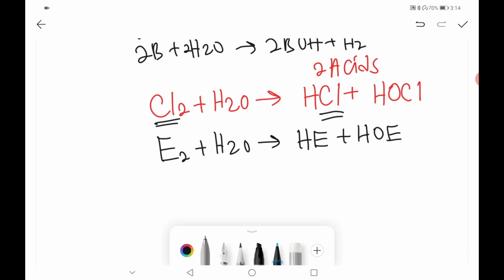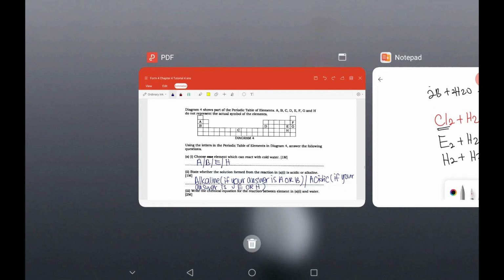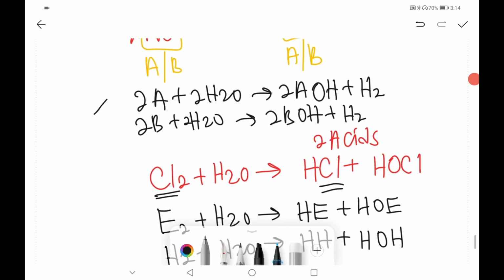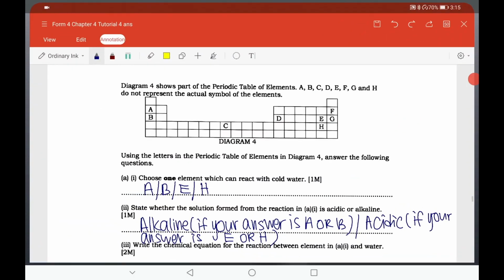Or you can change the Cl to H: H2 + H2O → HH + HOH also can. So it depends on which answer you choose. You have 4 possible equations here. You just need to write one of them.